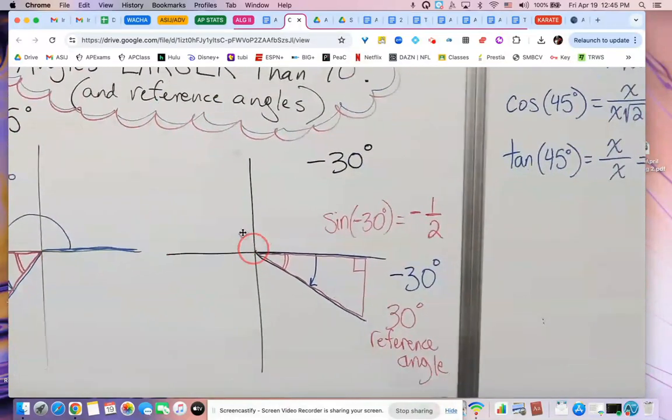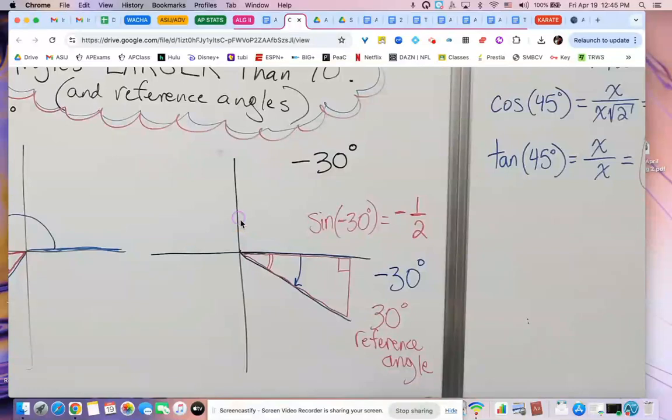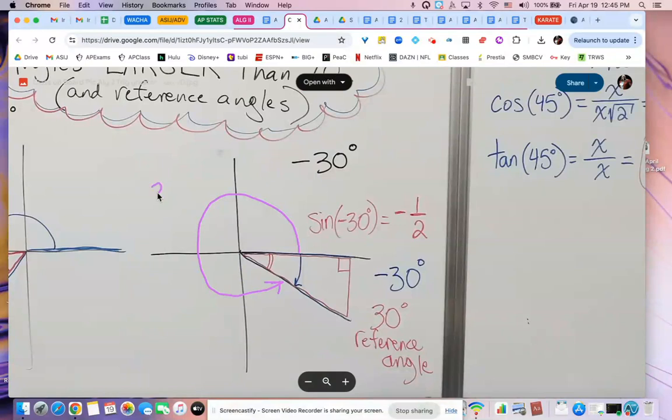Right, so when I look at this one, and by the way, this is just trying to get you to see different ways we can write angles. So this is showing negative 30 degrees instead of positive 30 degrees. If I go in a counterclockwise direction, we consider that a positive angle. So in this case, it would be a positive 330 degrees.